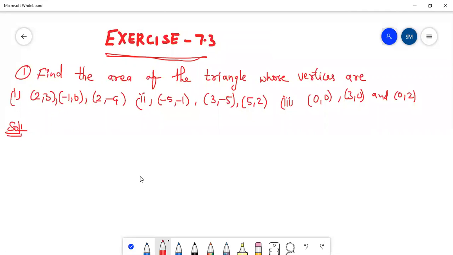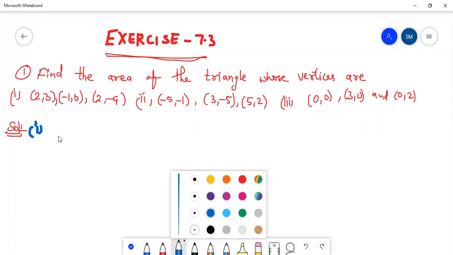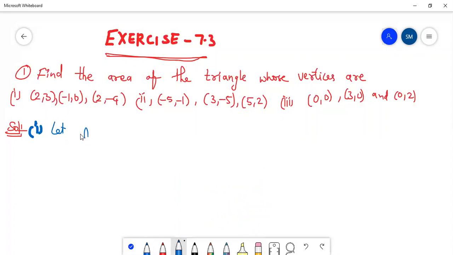Exercise 7.3, the first problem: find the area of the triangle whose vertices are given. In this, the first one, let A equal 2 comma 3, B equal minus 1 comma 0, C equal 2 comma minus 4. We take these as x1 comma y1, x2 comma y2, and x3 comma y3.